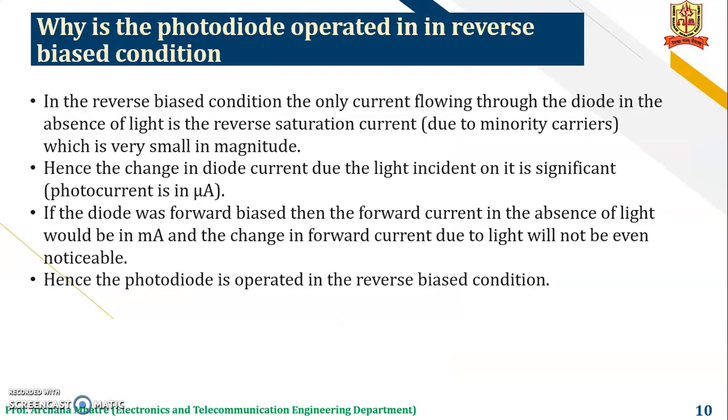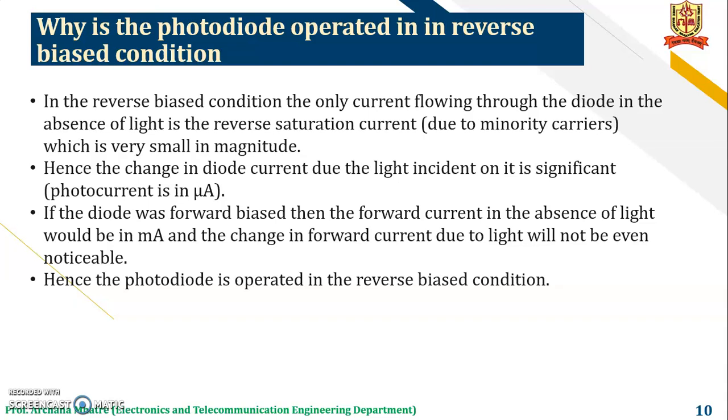Now, why is the photodiode operated in reverse bias condition? In the reverse bias condition, the only current flowing through the diode in the absence of light is the reverse saturation current, which flows due to minority carriers and is very small in magnitude.